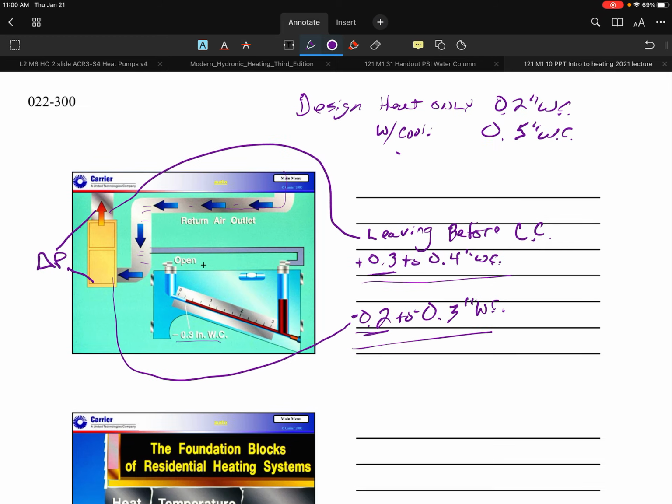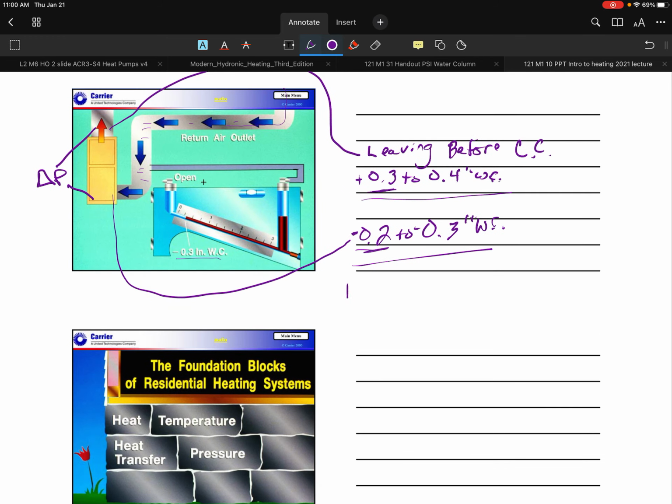And that is going to be the issue that you're going to run into in real life. So I'm just going to make a note on that: restricted systems will have a higher positive pressure, and a lower negative pressure, so it'll be more negative and higher positive, and you'll have a greater differential in there.